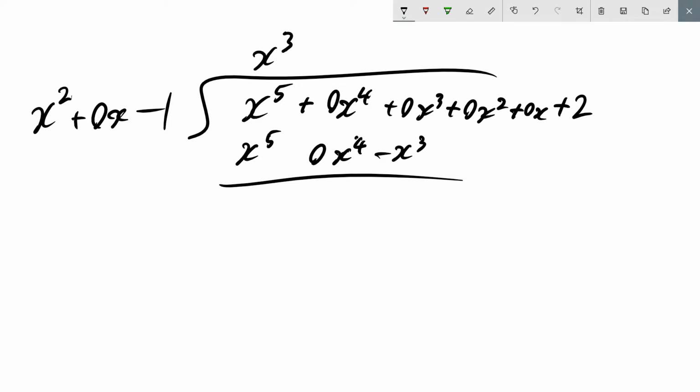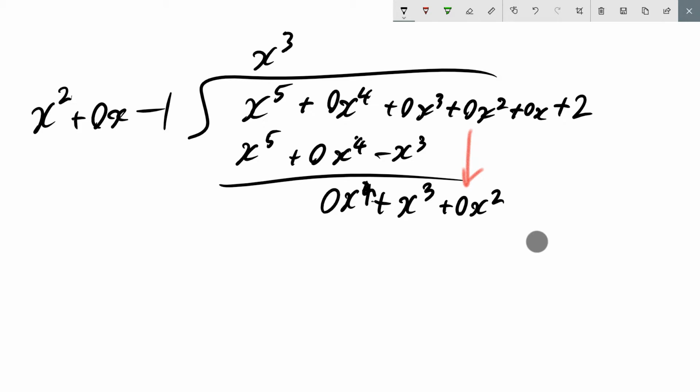Subtract that, we now have 0x to the 4 still. And here we actually have an x to the 3 term here. But instead of dropping down 2, now I drop down my next term, 0x squared. And I repeat the process.